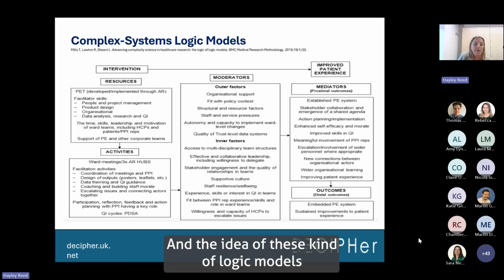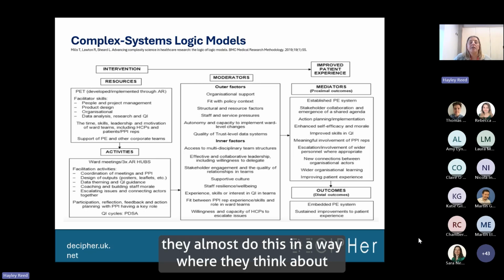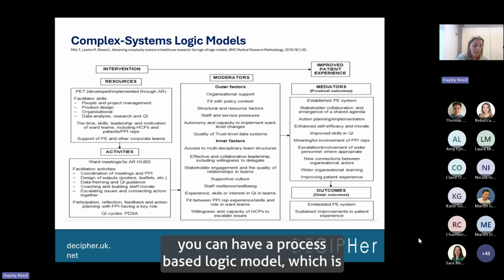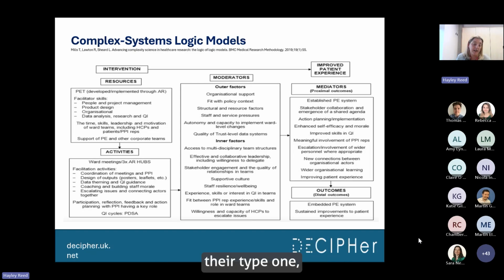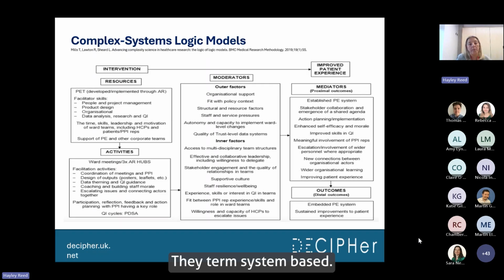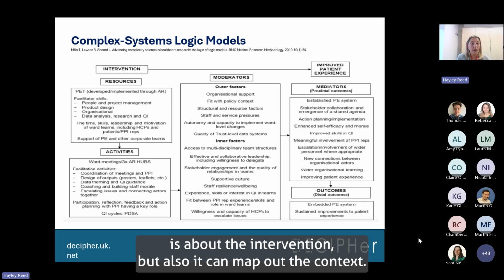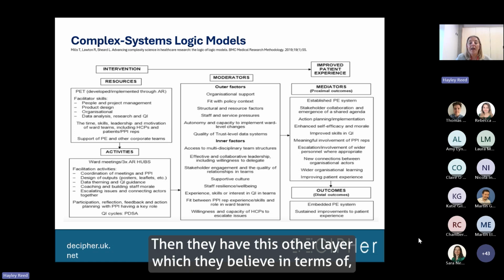The paper talks about 4 different types of logic models, and you can have a process-based logic model, which is their type 1, which very much focuses on the intervention with nothing about context. Type 2, they term as system-based logic models, which is about the intervention, but also can map out the context.